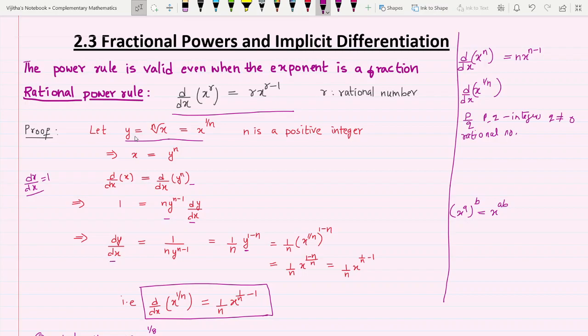Now if you simplify the power, we have 1 minus n by n, and if you split it, it is the same as 1 by n minus 1. So this is equal to 1 by n x raised to 1 by n minus 1. So we have shown that the power rule is also valid if the exponent is a fraction.